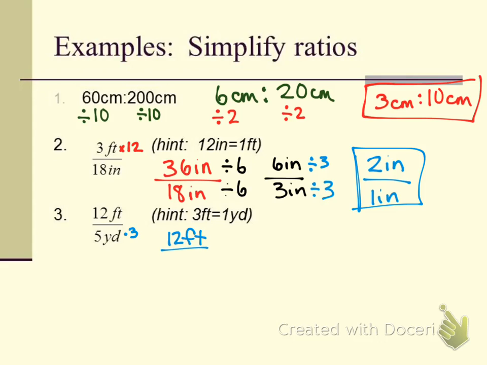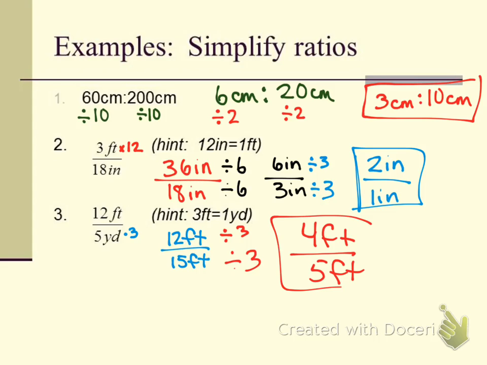So that's 12 feet over 15 feet, and then you can reduce. What's the number that goes into 12 and 15? 3. And there you go.